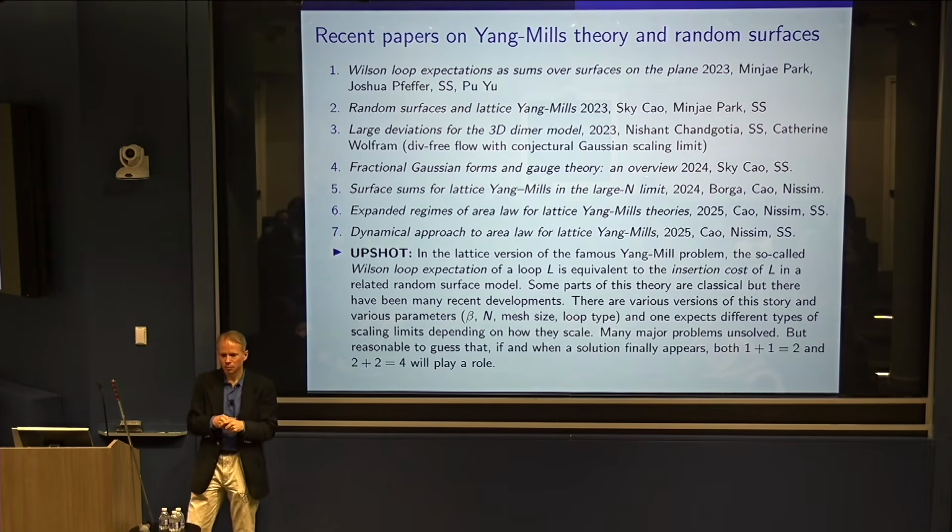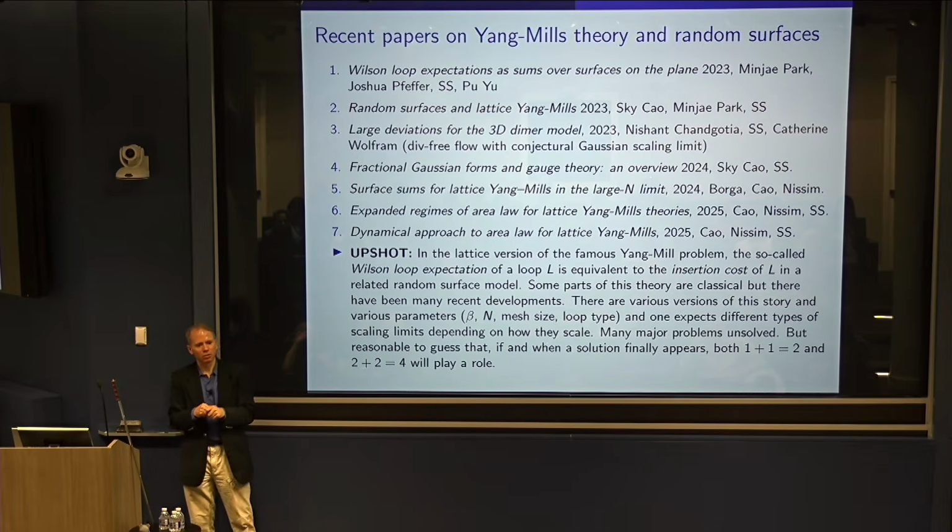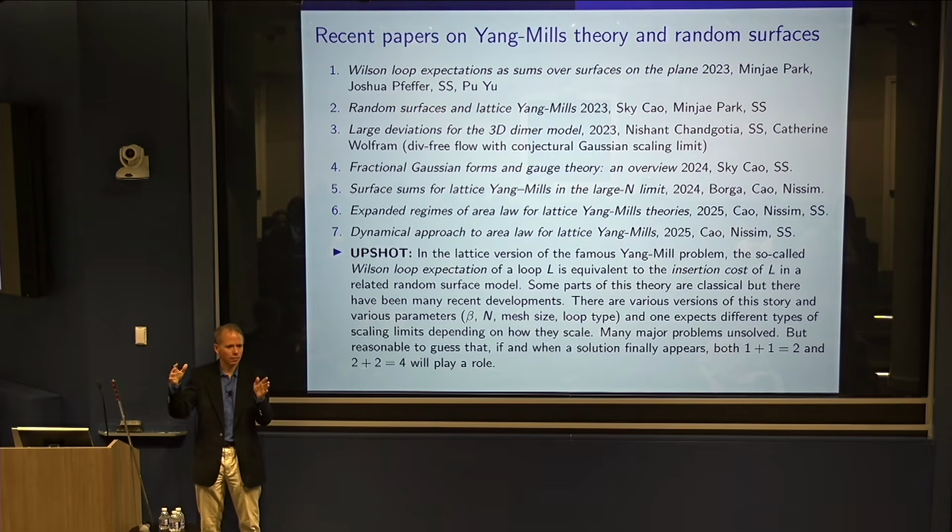And in 5 dimensions and higher, you never will. And in 4 dimensions, there's this special transition, some beta where you suddenly change from being area law to not area law.